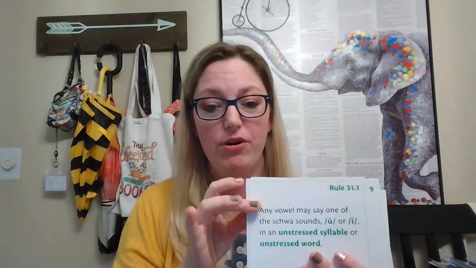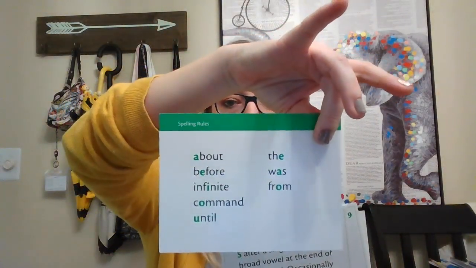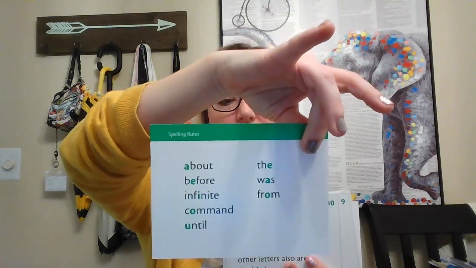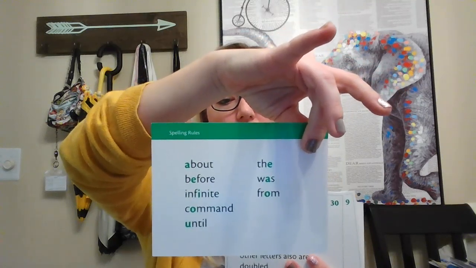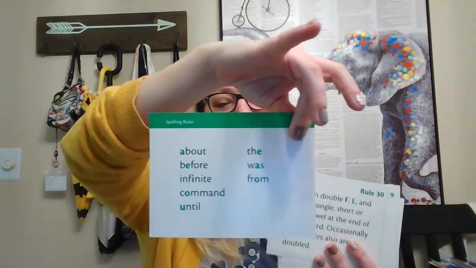So we do have the book that Denise wrote, and I'm very happy with it. We have the spelling rule cards, should they be required. We can actually go over the sounds on the back. Rule 31-1. Any vowel may say one of the schwa sounds, or well, it would be or in an unstressed syllable or an unstressed word.